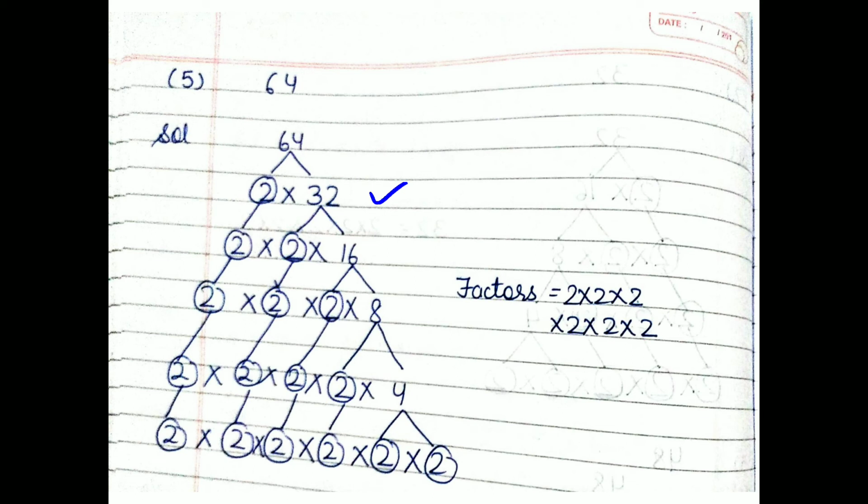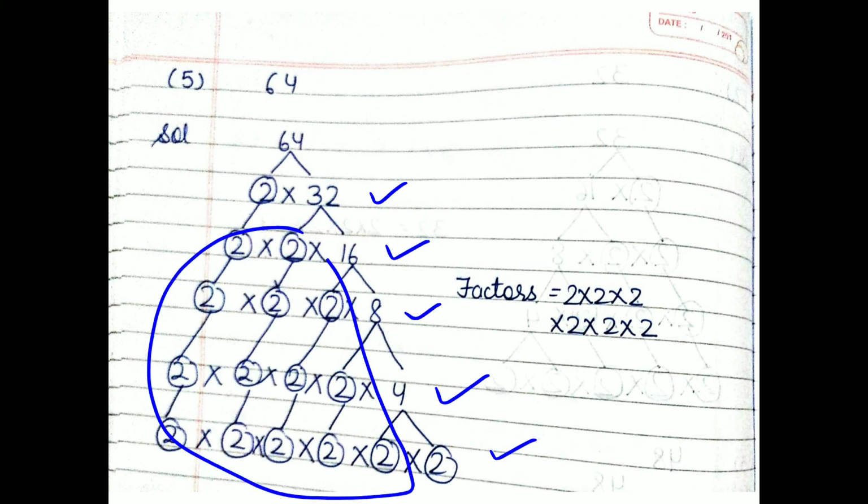Now you make 32, 2 16s, so you write 2 into 16. Then in the second step you make the factors of 16, 2 into 8. Clear? Then in the next step you will make the factors of 8, that is 2 into 4. Then you make the factors of 4, that is 2 into 2, and the rest of the numbers will be copied down as it is. Clear?